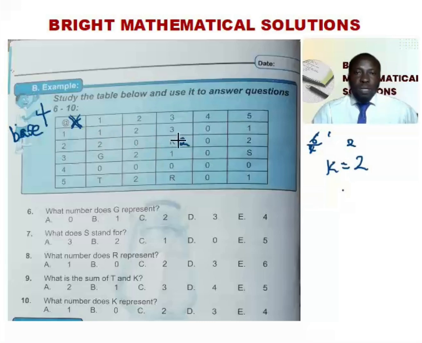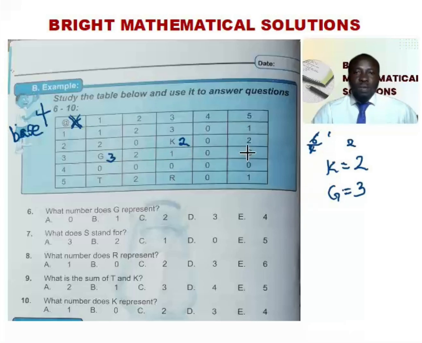Let us look at the next one. Now we are looking for G. 3 multiplied by 1 is 3. Since 3 is below 4, our G equals 3.